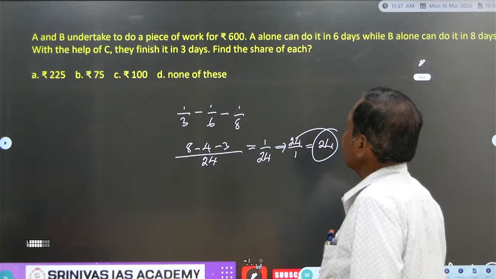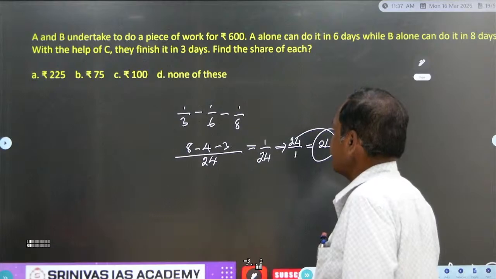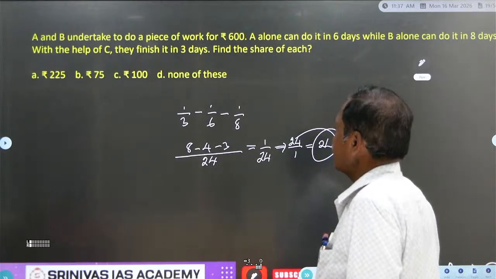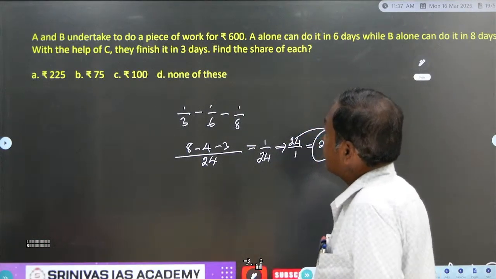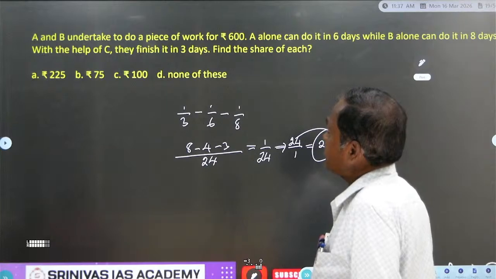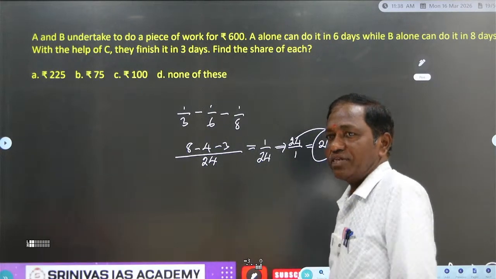Now find the share of each. How to do it now? Find the share of each means the options are not like that, you know. Do you see the same options there?